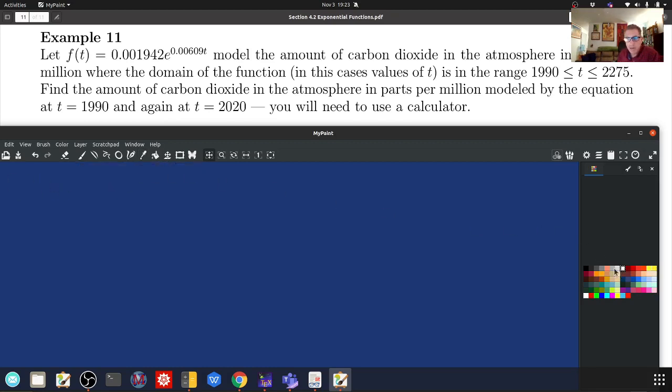So we're given our base function, f of t, is equal to 0.001942 times e to the 0.00609 t. Yeah, we're absolutely going to be using a calculator here, and to be honest with you, this is a real life model. So e is a constant, it's not a variable. That's the reason I wrote it in yellow.